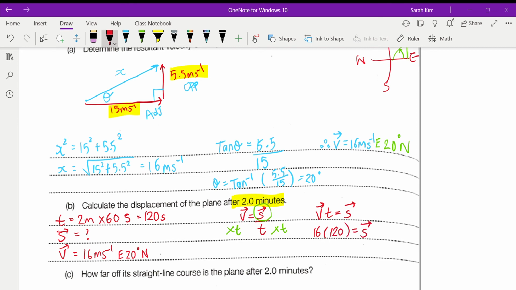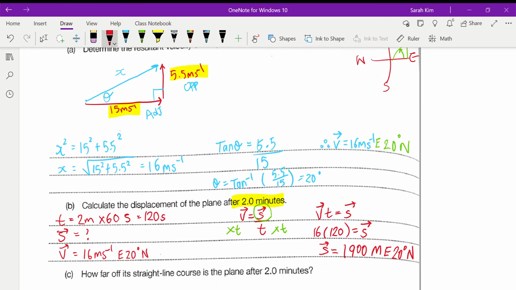Right, so that is 1900 meters. Now, because it's displacement, it needs a direction, which you just copy from the velocity. Should be the same.